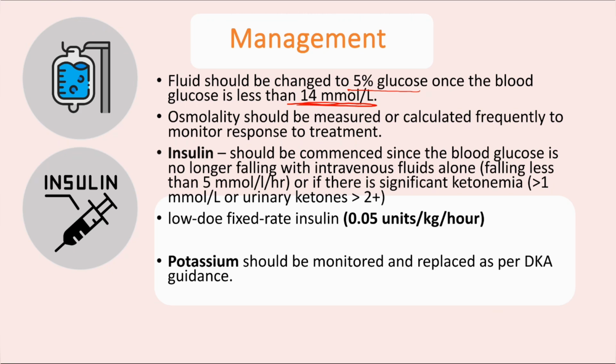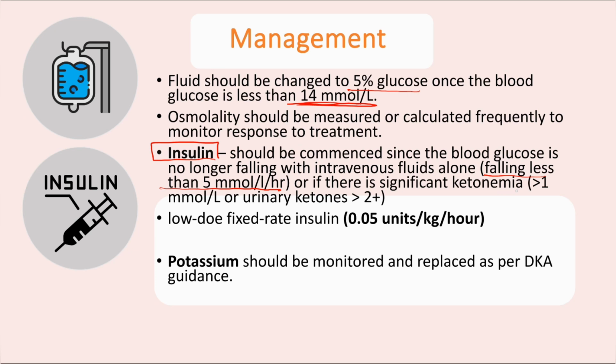What about insulin? You should not give insulin in the first few hours, or in the first hour, of treatment of HHS. It should be commenced if IV fluid fails to reduce the glucose. Falling less than 5 millimole per liter per hour of glucose means you have to start insulin.